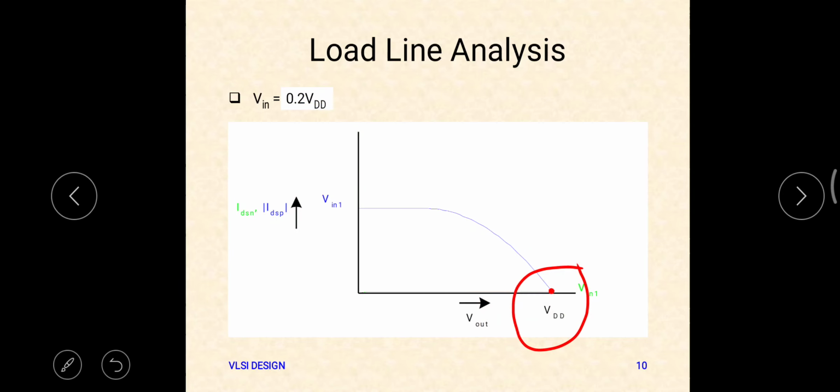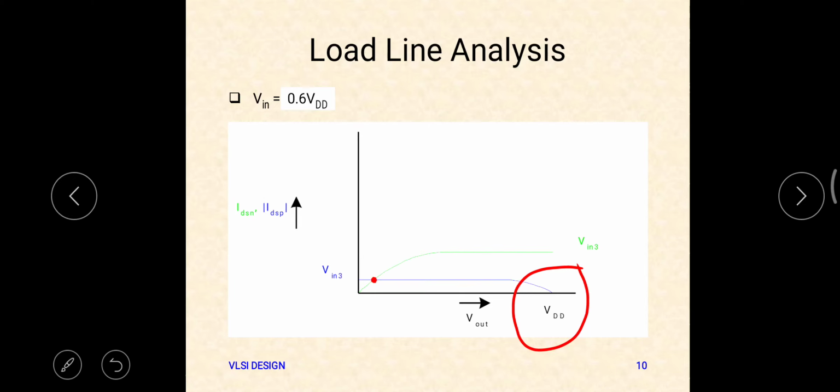Now once again, if I keep on increasing the input voltage, your blue color will keep on decreasing and your green will start increasing. Just look at this. Here your V in is equal to 0.4 VDD. So your PMOS operation is getting down, and your NMOS is trying to dominate the output.